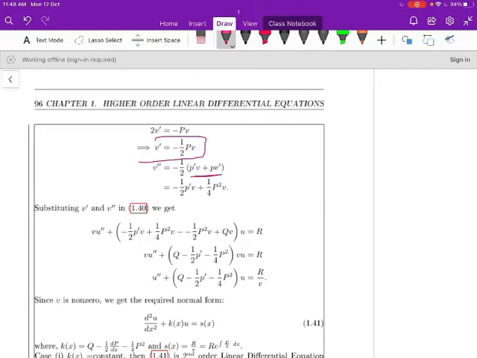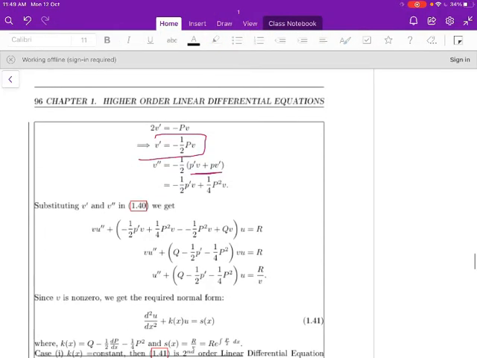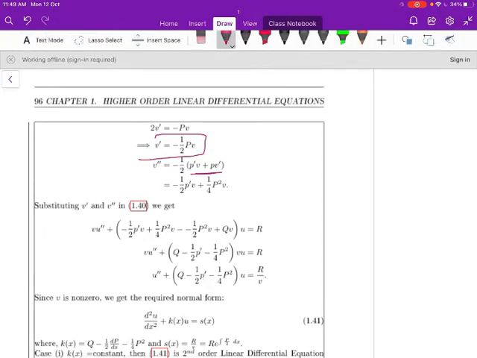I applied the derivative of a product of two functions. Again, v double dash is equal to minus half into p dash into v plus 1 by 4 into p square v, where v dash is again minus half into pv. So v dash and v double dash are written in terms of v here.